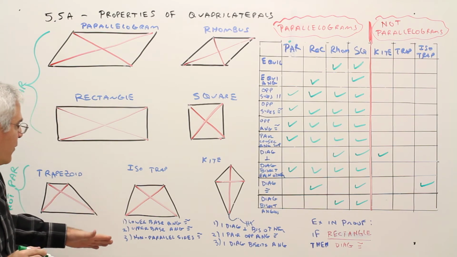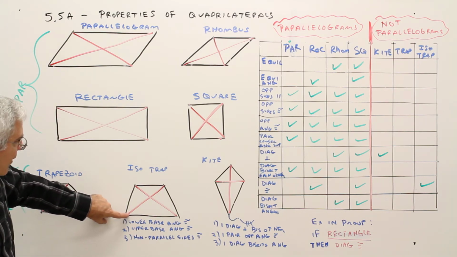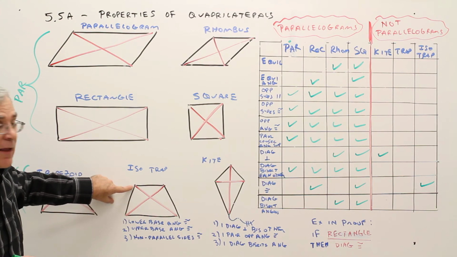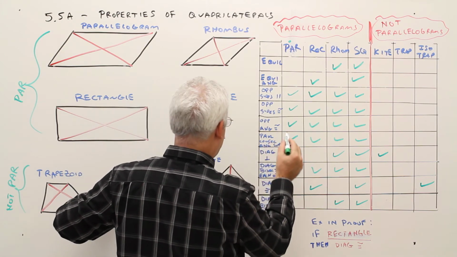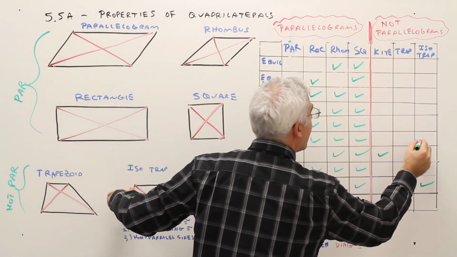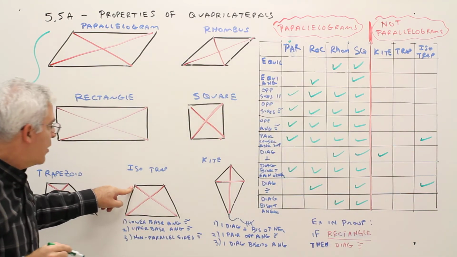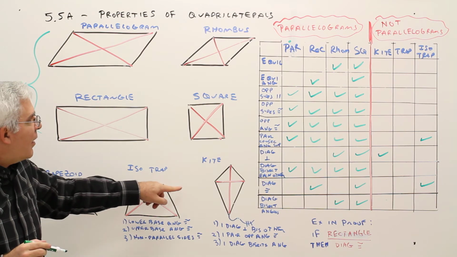I've got these over here. It does work out that this lower base angle and this upper base angle are supplementary. So let's see if I've got consecutive angles supplementary. That would be for isosceles trapezoid. Okay, let's see what's going on with Mr. Kite.